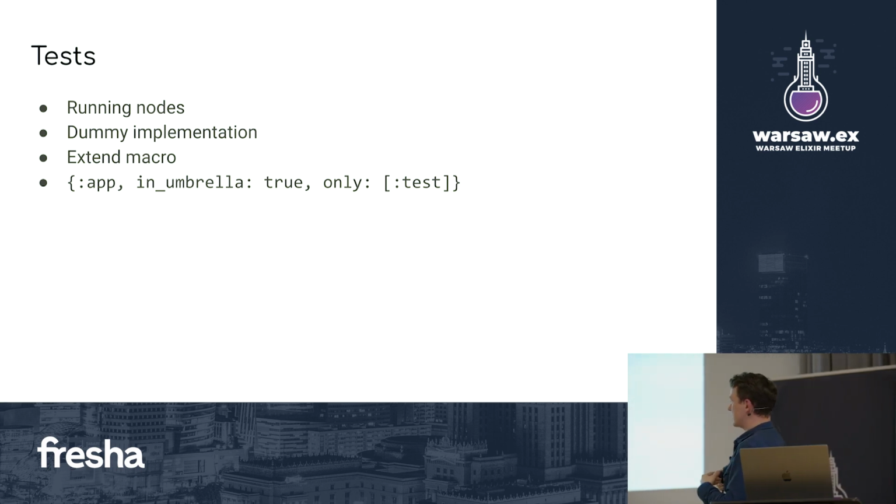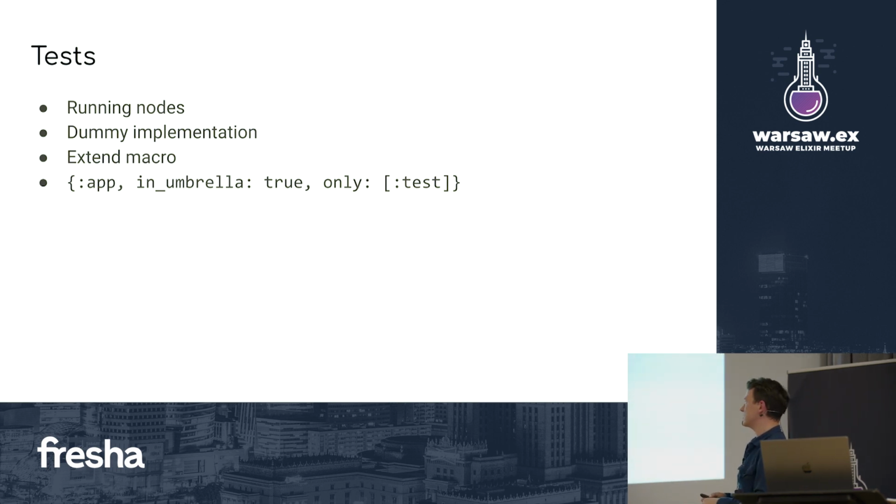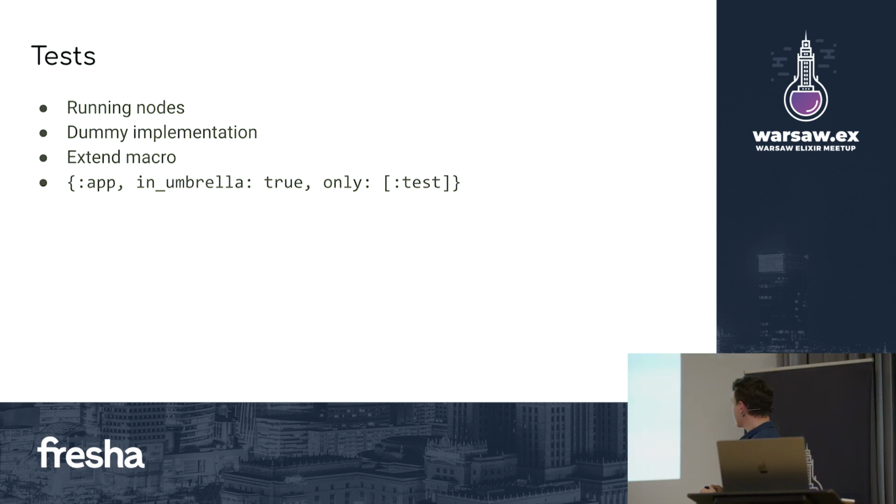So basically, when running the application in production or in development, we would have separate nodes, but in tests, we would still have an umbrella, and the code would be invoked locally, just like before. That's a very simple approach with, I think, the least effort needed. But on the other hand, we lose some perks for local development that we would normally gain with this approach.